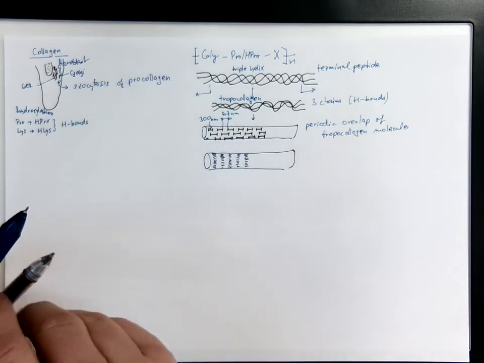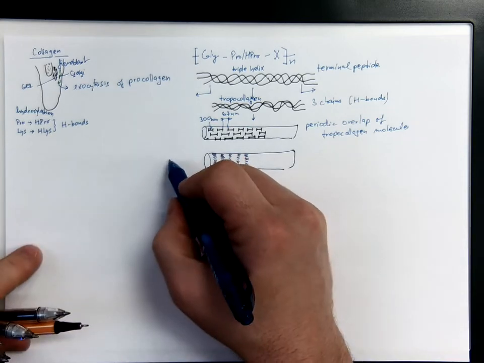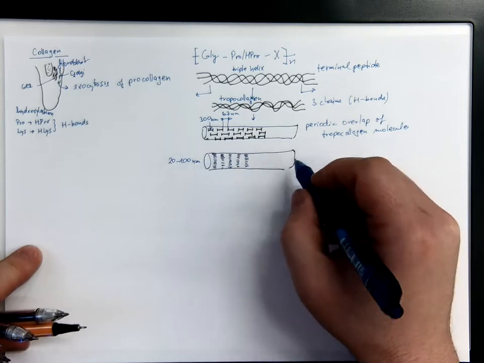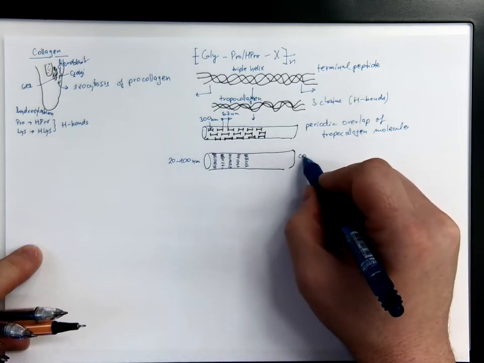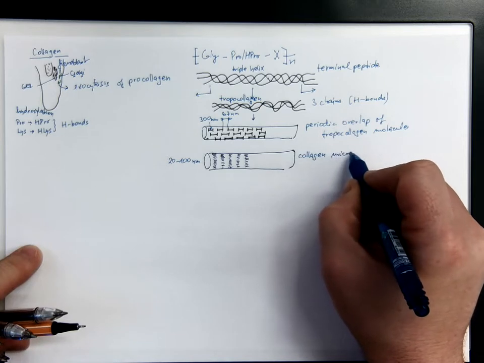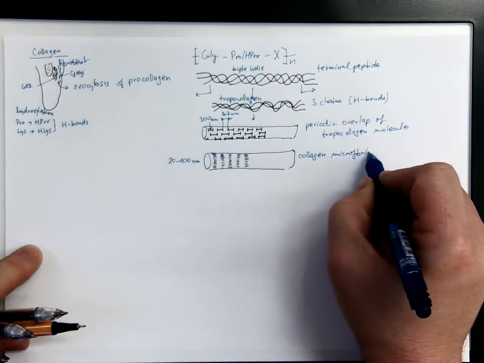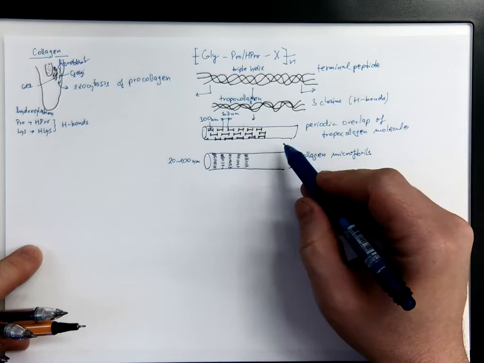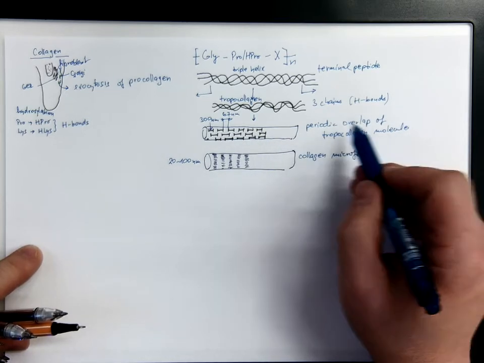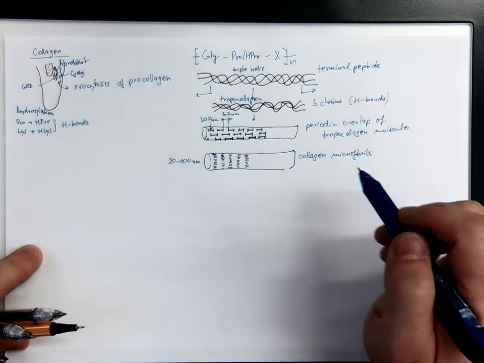These structures are about 20 to 100 nanometers thick and are called collagen microfibrils. Each collagen microfibril consists of a number of tropocollagen molecules periodically overlapping.